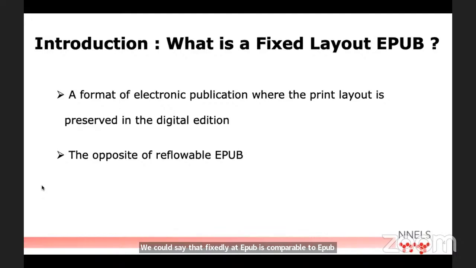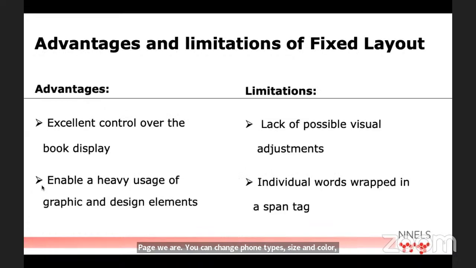On the other hand, reflowable EPUB could be compared to a regular web page, where you can change font type, size, and color, and where you could also zoom in and out while the content automatically adjusts to the window. I will be demonstrating these two things in a minute.